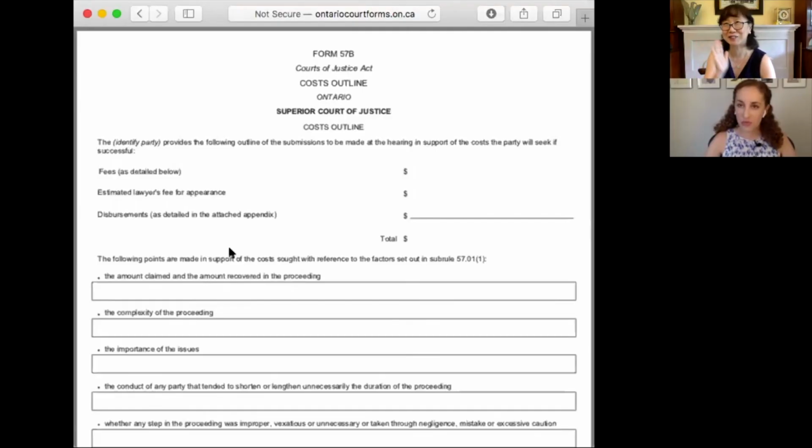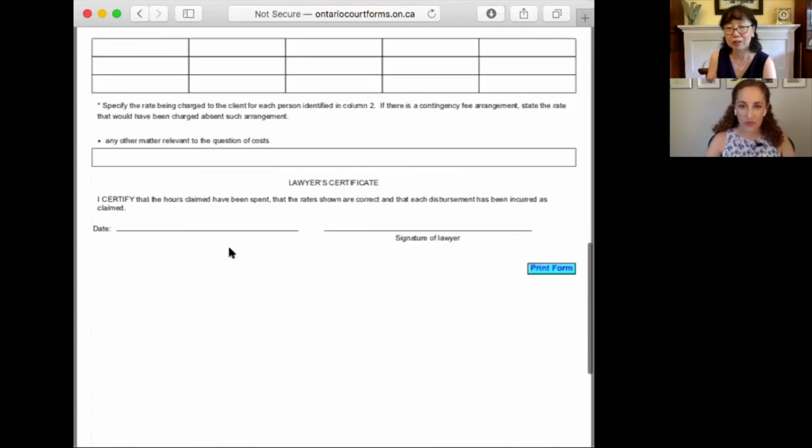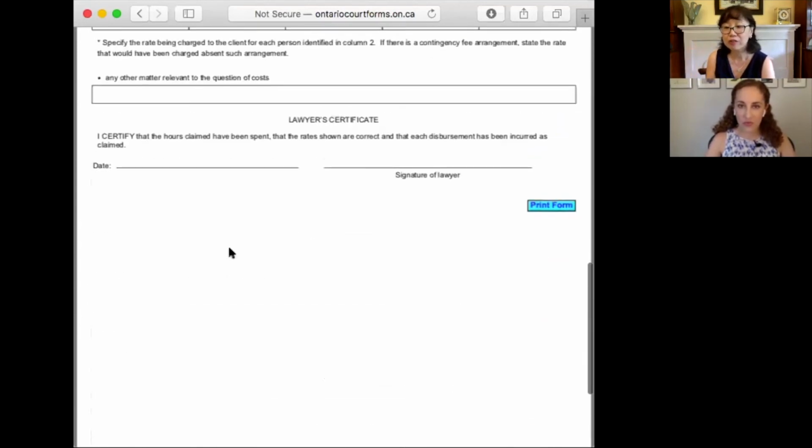Okay, so this is really the last question. This form at the very bottom talks about the lawyer certificate and your hours. For a self-represented person, do they still use this form, or do they use some other form? The self-represented person should still fill out a cost outline.